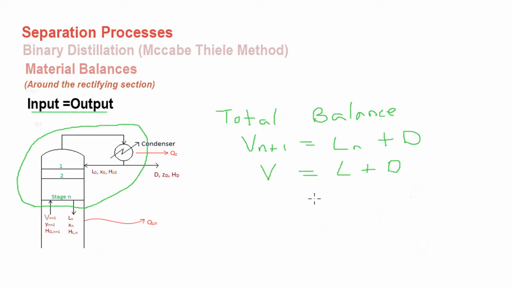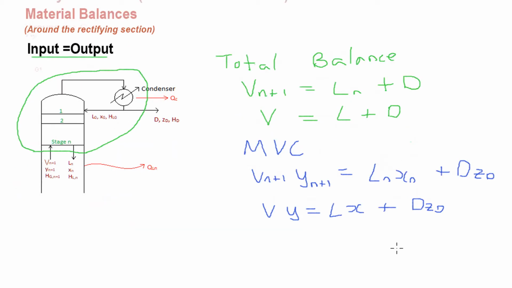So now we can write a material balance for the most volatile component. Vn+1 multiplied by yn+1, which is the mole fraction of the most volatile component, that is the input, is equal to the output, which is Ln multiplied by xn, leaving the n stage, plus D multiplied by zD, which is the flow rate leaving in the distillate or overhead product.